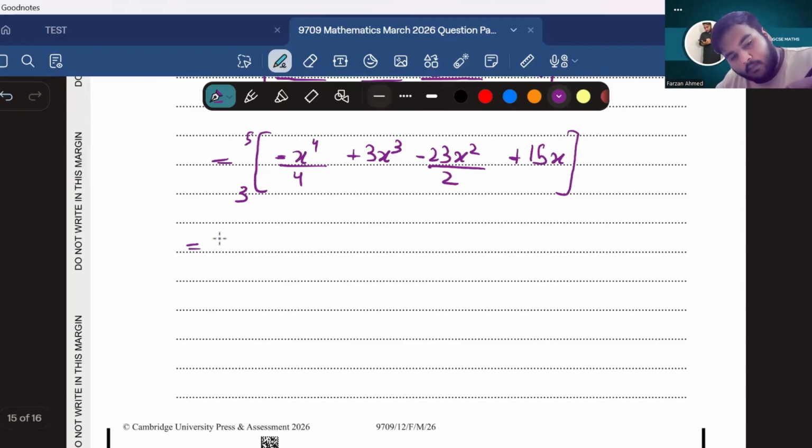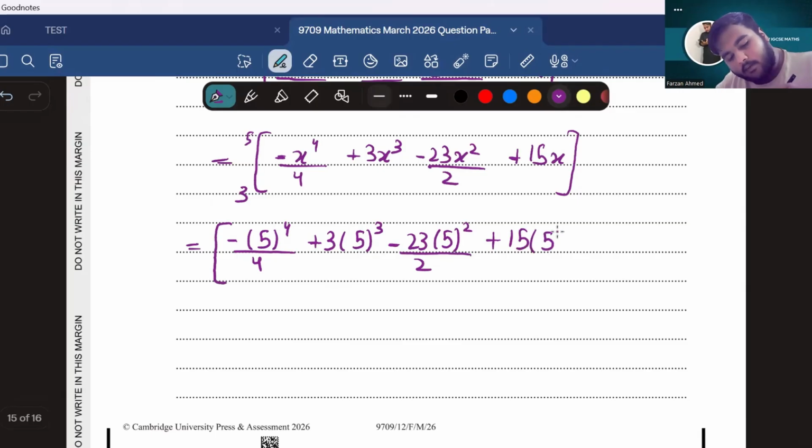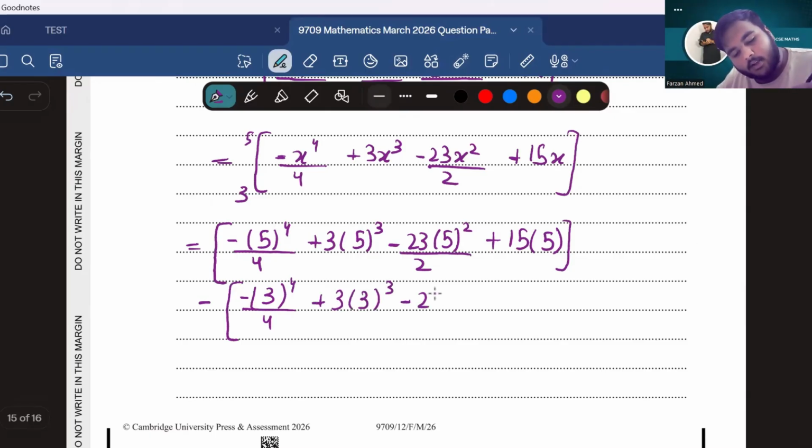When we apply these limits: square bracket minus bracket 5 raised to power 4 over 4 plus 3 bracket 5 raised to power 3 minus 23 bracket 5 squared over 2 plus 15 bracket 5, minus, now we plug in 3: minus 3 raised to power 4 over 4 plus 3 bracket 3 raised to power 3 minus 23 bracket 3 squared over 2 plus 15 bracket 3.